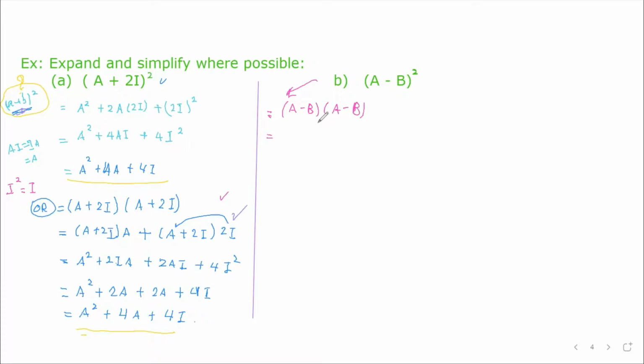Then you can use this like before, right? So A times this one, so it becomes matrix (A minus B) times A, and then minus matrix (A minus matrix B) times B.